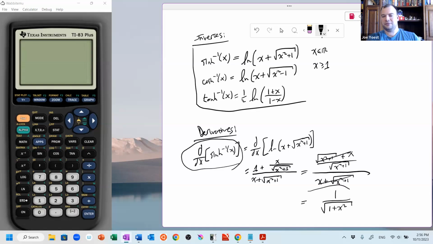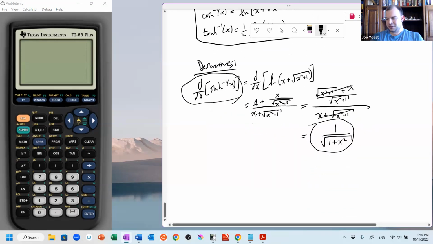Kind of interesting, right? Derivative of arctan was 1 over 1 plus x squared. Derivative of arcsinh is 1 over root 1 plus x squared. And I'll leave these two as an exercise, but I'll write them out.